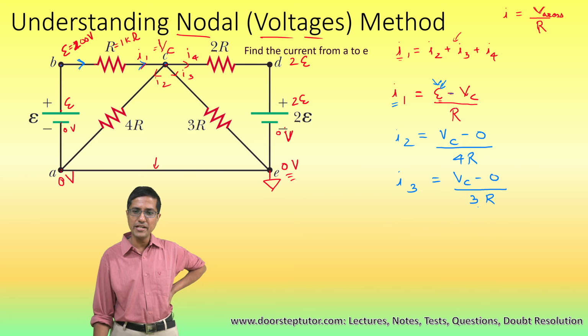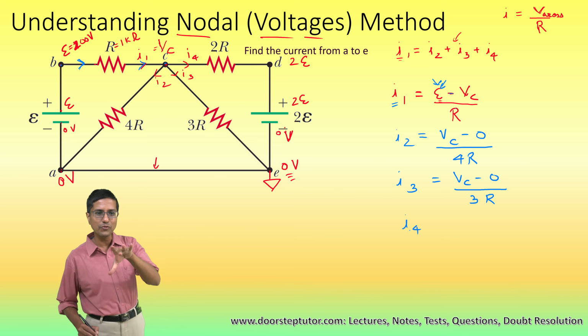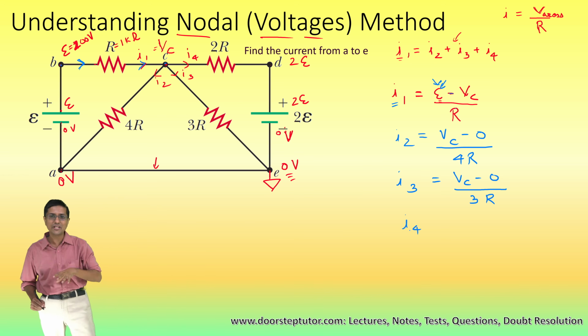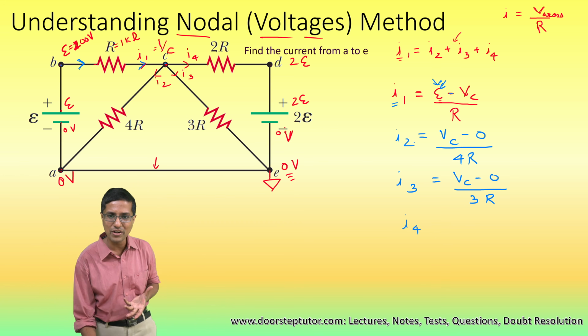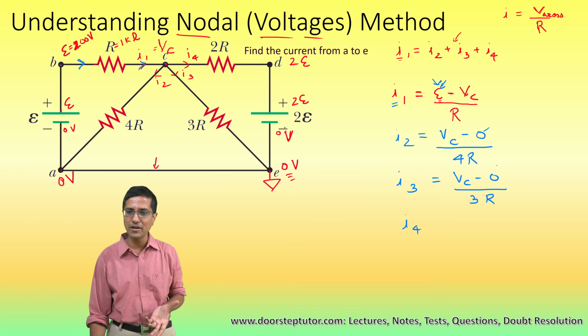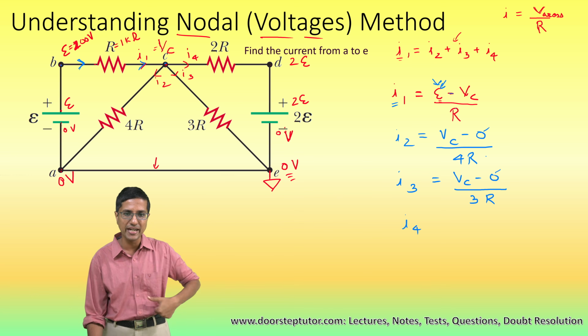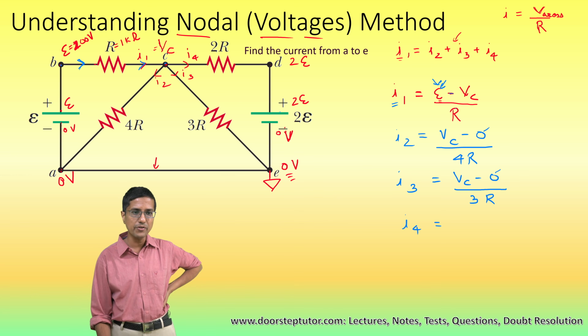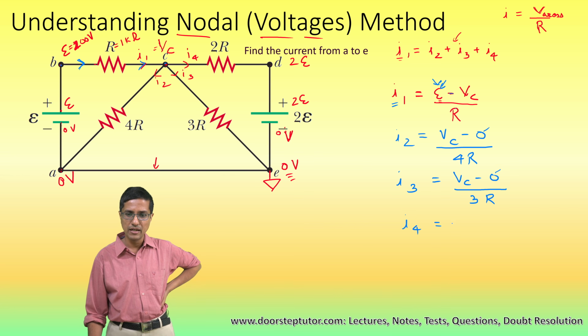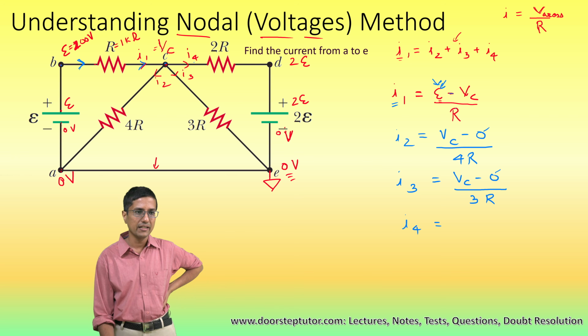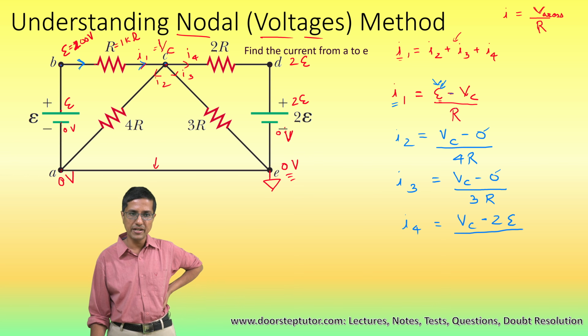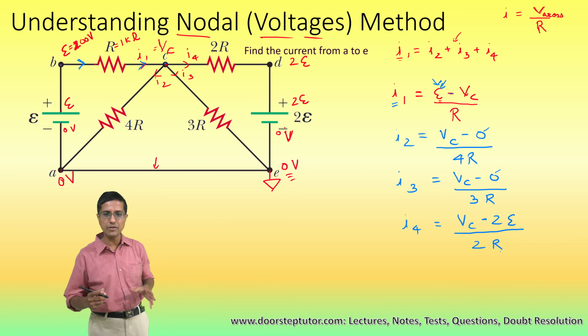Now, at this point, you would quickly realize why our choosing of the reference voltage, or the grounding of the node E, was so important. A lot of our voltages here are coming out to be 0 when we are subtracting. Now, I4 here would be, of course, the starting, which is Vc, minus the ending, which is 2 epsilon, divided by 2R. Okay, very, very simple. So now we have I1, I2, I3 and I4.